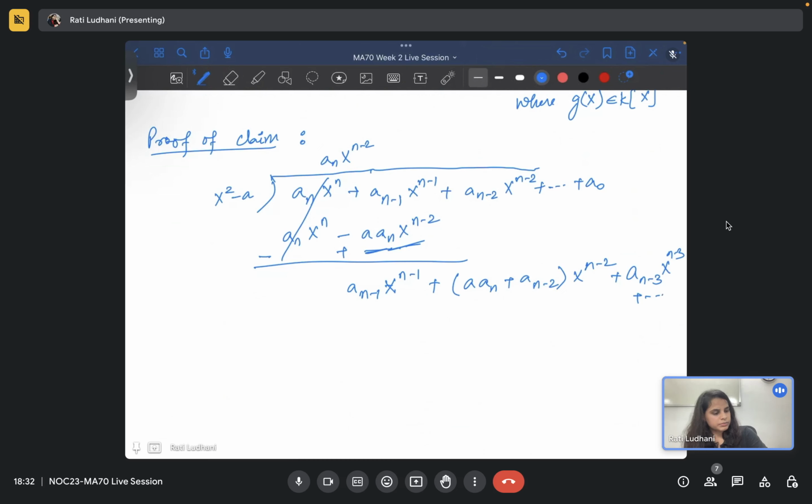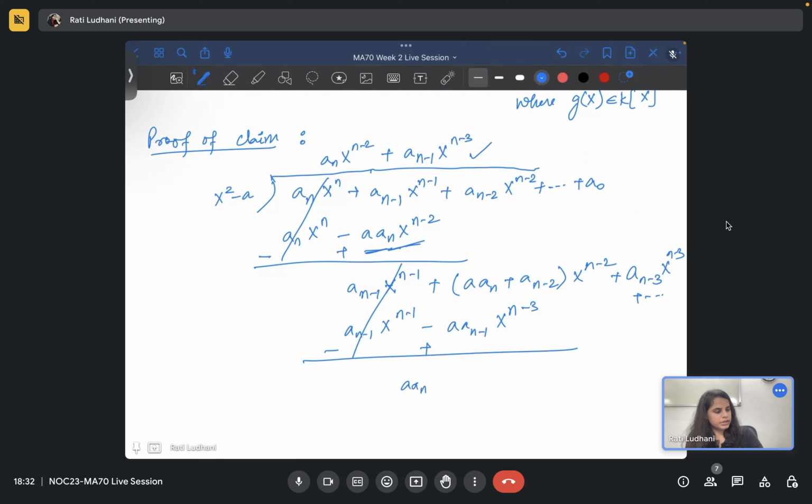And then again, next step, what will you get? You will multiply by a_(n-1) x raised to power n minus 3. So that's what I was saying. I cannot realize that in the quotient, because there might be a way, but I'm not sure. So you will get minus a_(n-1) x raised to power n minus 3.